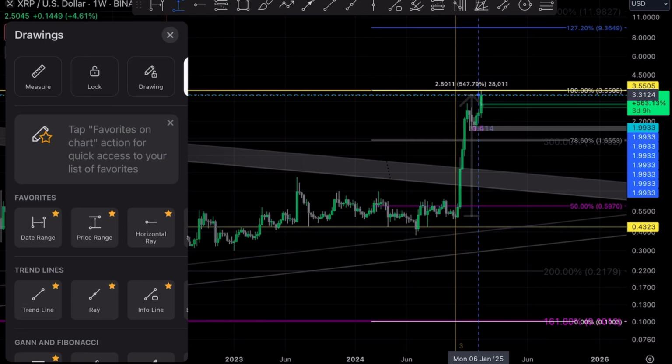So there's probably going to be people that want to sell, that have been in this for a little while, and their psychology could be that they want to sell at all-time high, right?